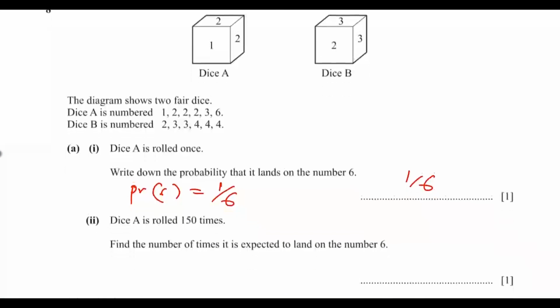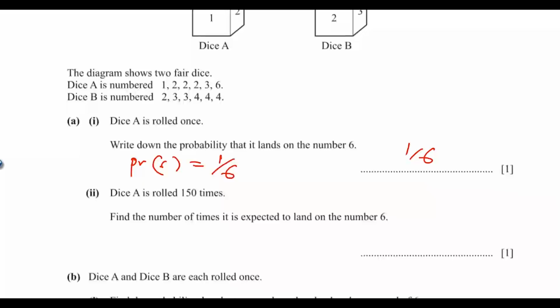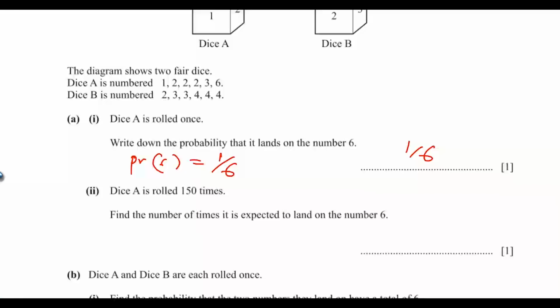Let's scroll down to the next one. Dice A is rolled 150 times. Find the number of times it is expected to land on the number 6. Okay, since the probability of landing on 6 is 1 out of 6, then multiplied by the number of trials, that's 150 times.